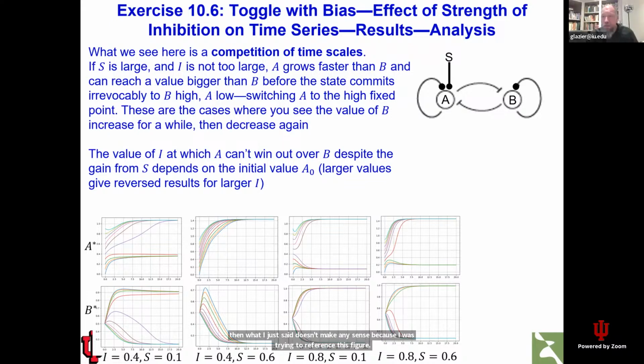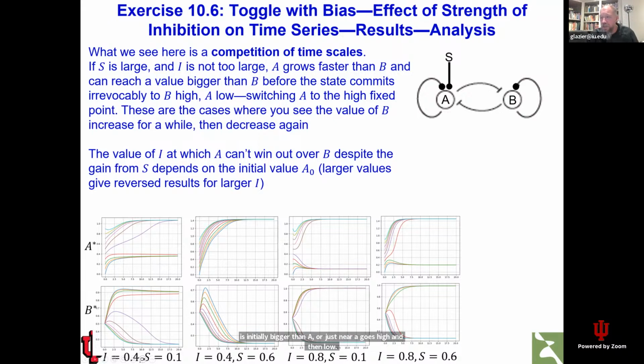So here, what I see is that I is 0.4, S is 0.1, so it's weak. And here, if A is initially big, A goes big. If A is initially small, it goes small. If B is initially bigger than A, just near A, it goes high and then low.